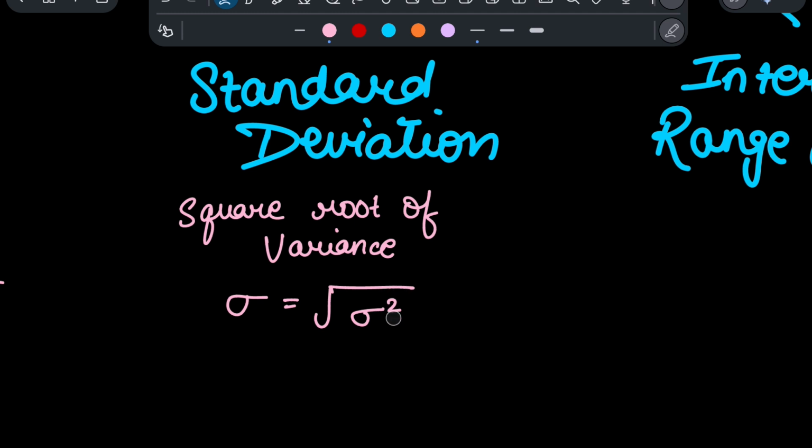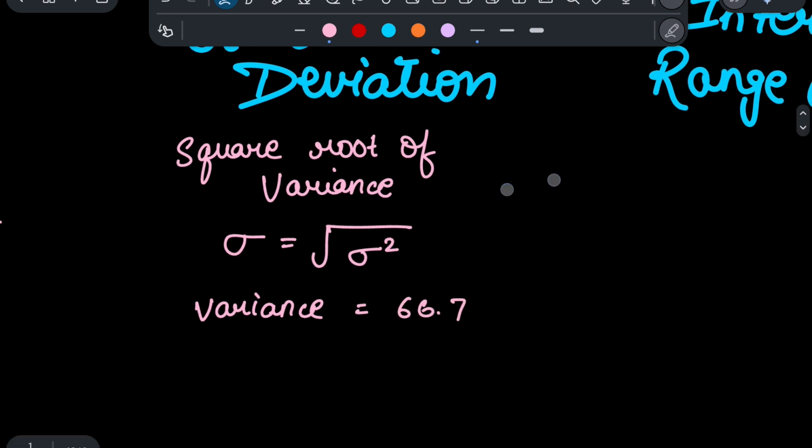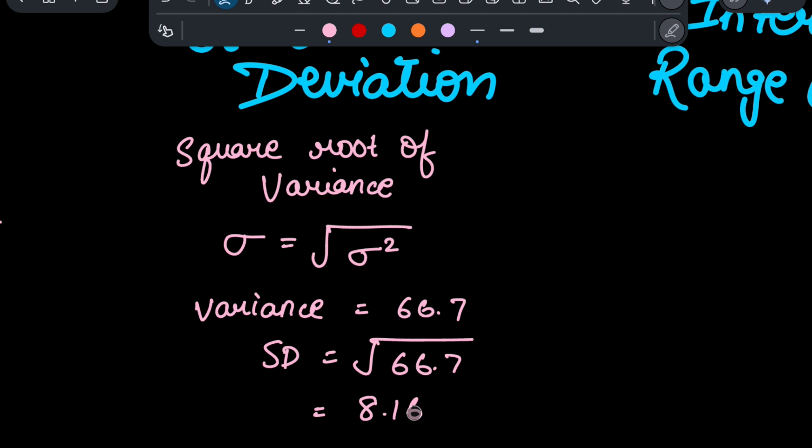For example, the variance is 66.7, which we calculated in our previous step. So its standard deviation would be the square root of 66.7, which is approximately 8.16.